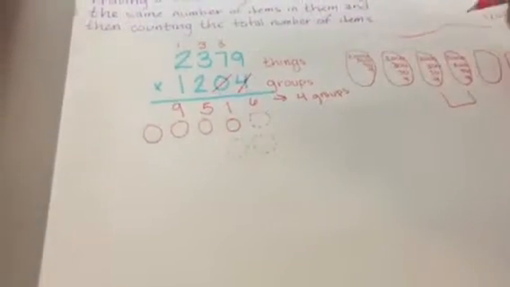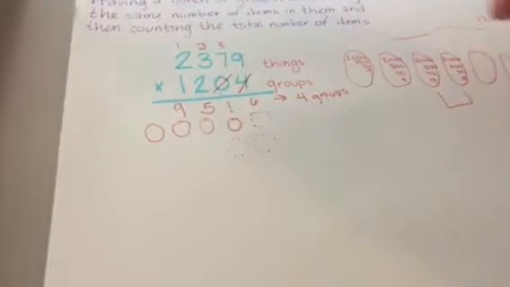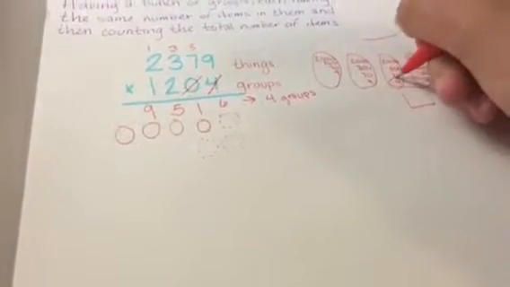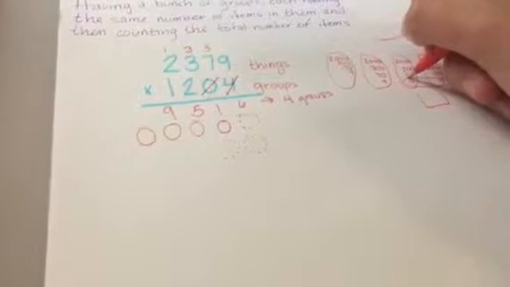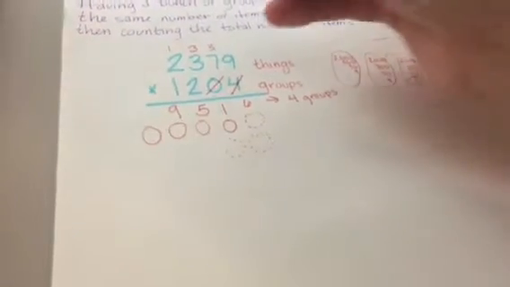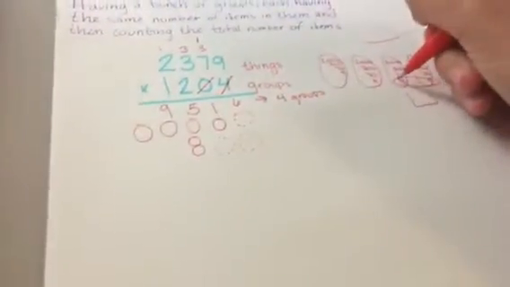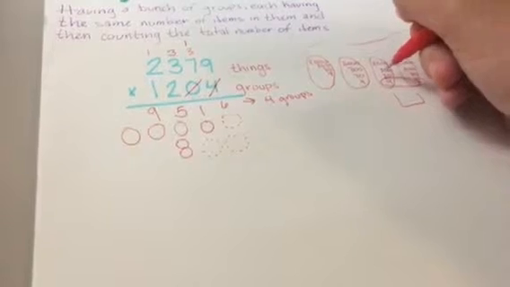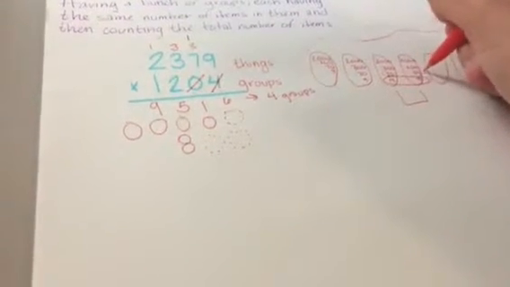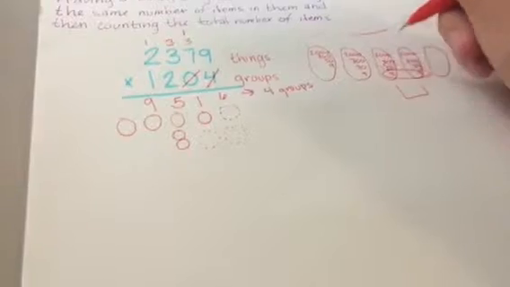So now I'm going to look at my last two groups. Let's just say these are my last two groups. So I have 2 times 9, gives me 18. So put my 8 over here. So now it's 2, my last two groups, times 7, or 70, we could say.